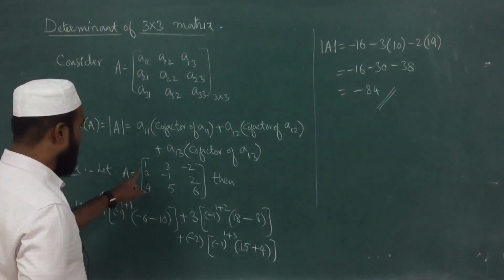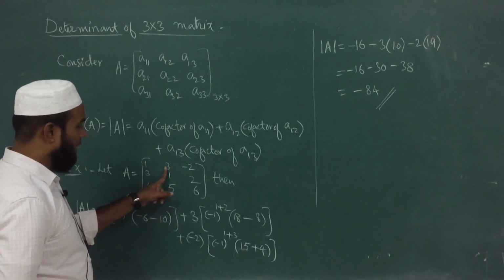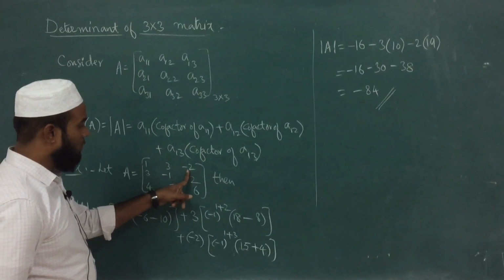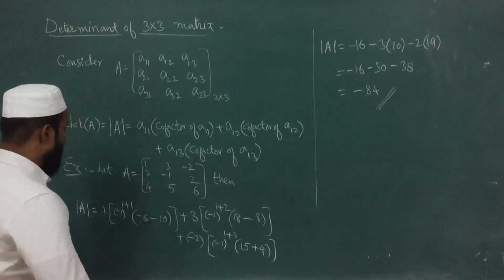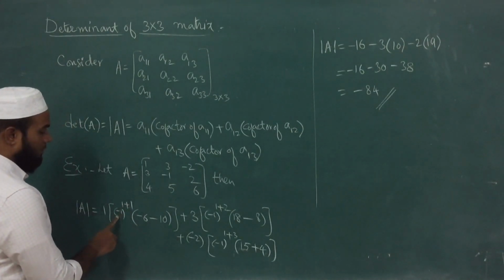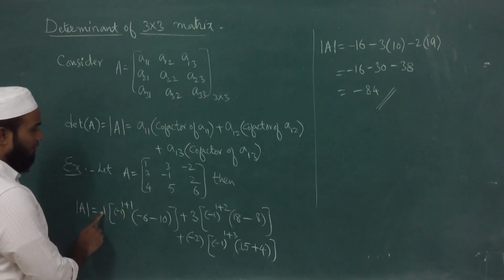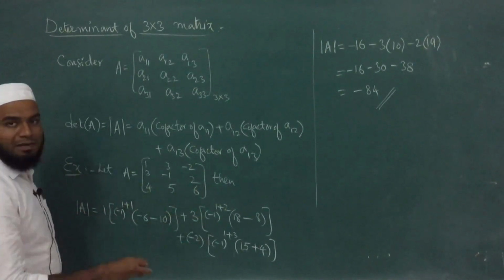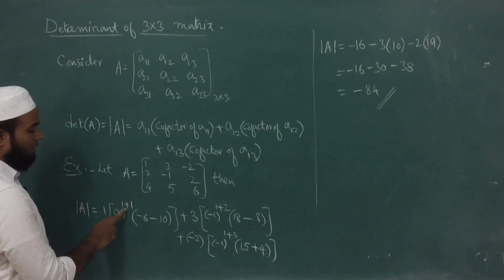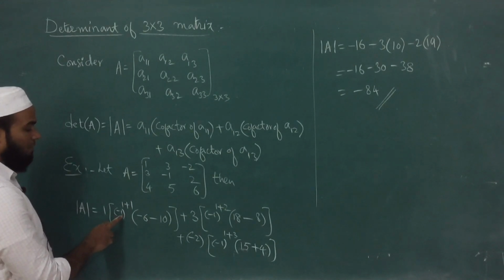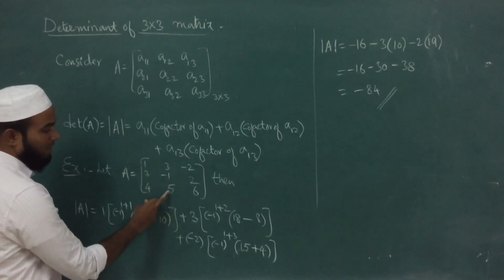In general, what we do, 1 into cofactor of 1 plus 3 into cofactor of 3 and minus 2 into cofactor of minus 2. This is how we evaluate the determinant, because here we will get minus 1 power 1 plus 1, so even power, so this will become plus, we don't consider this, right? Directly 1 into minor of this. In general, directly 1 into this minus this into this.